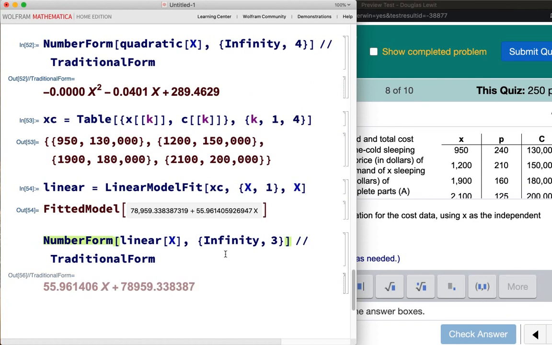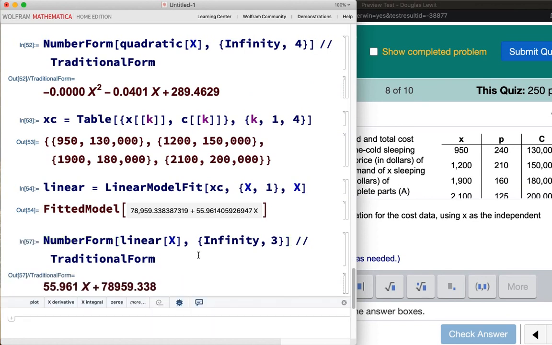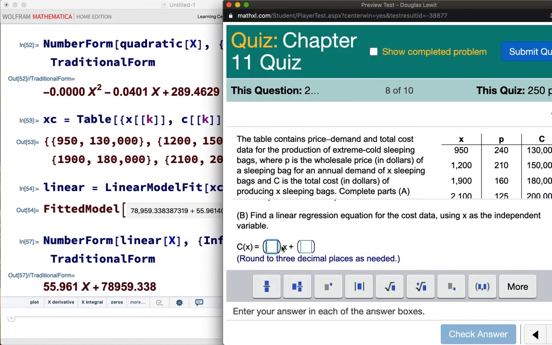Round to 3 decimal places is needed. So that's going to be 55.961 times x plus 78,959.338. Round to 3 decimal places is needed.